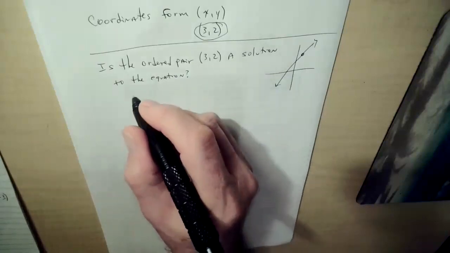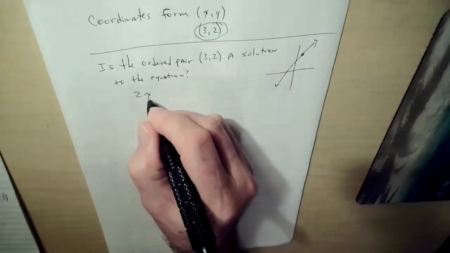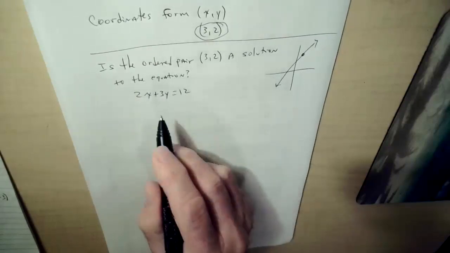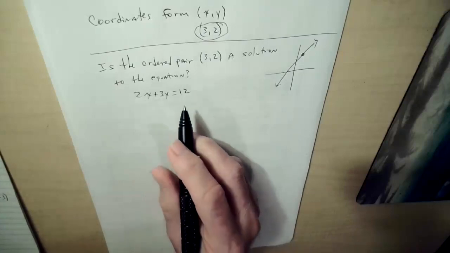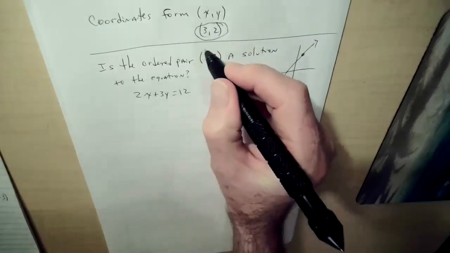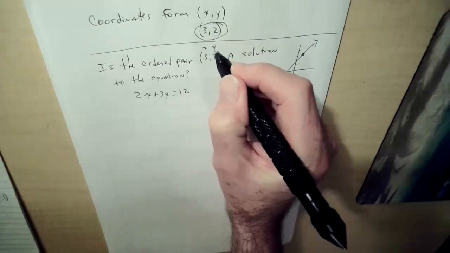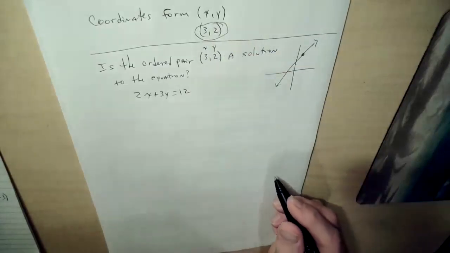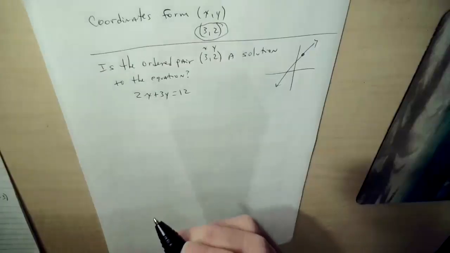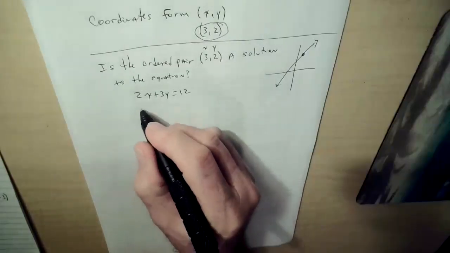Very, very easy. So if you're given the equation 2x plus 3y equals 12, standard form, okay? Is (3, 2) a solution? Remember, this is the x, and that's the y. So all we do is plug in the numbers.